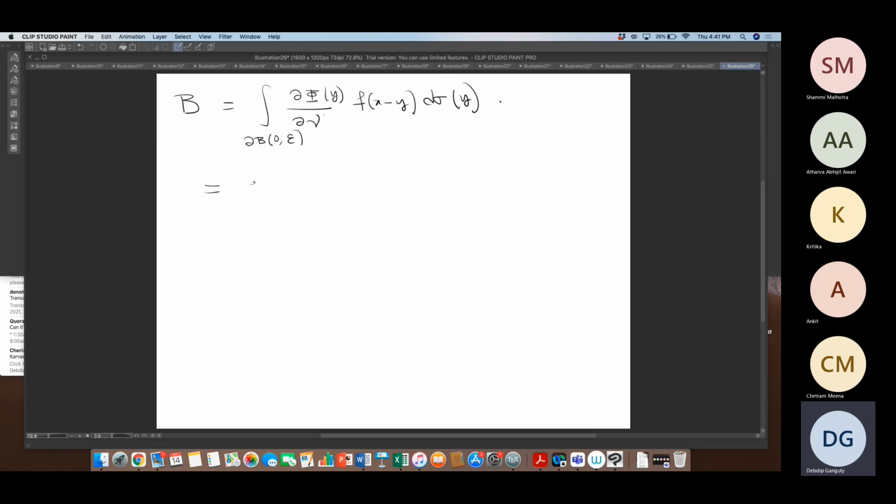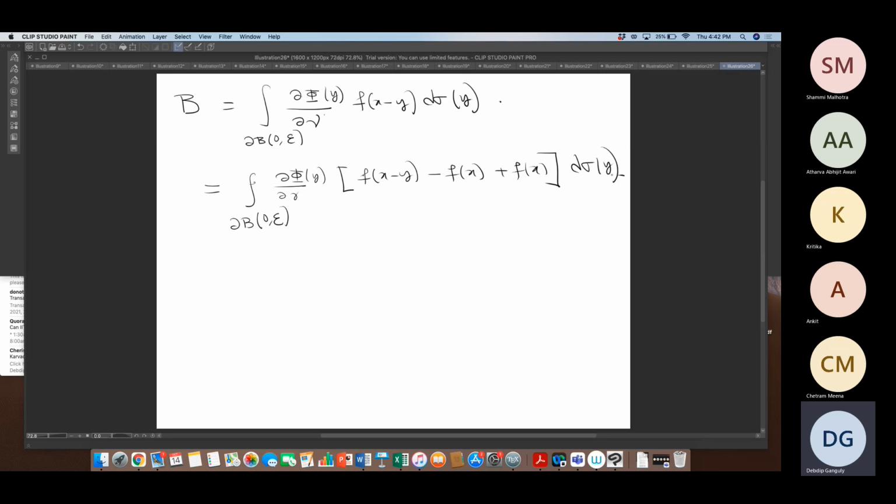This I write like this: the integral over del B_0 epsilon of del phi by del nu y, and you write f of x minus y, subtracting and adding f of x, d sigma y.